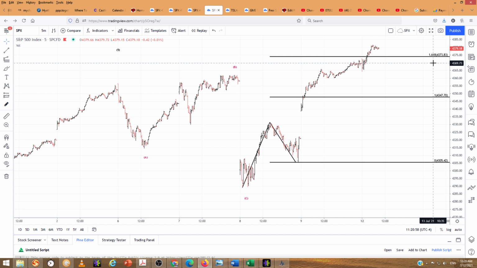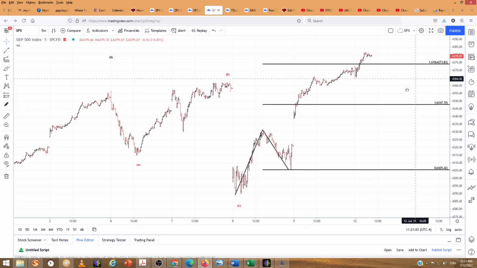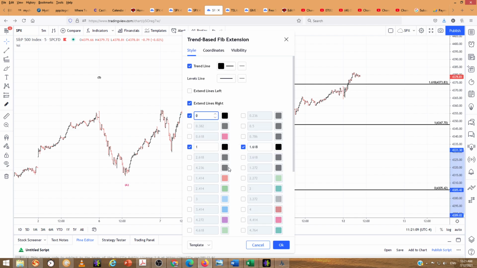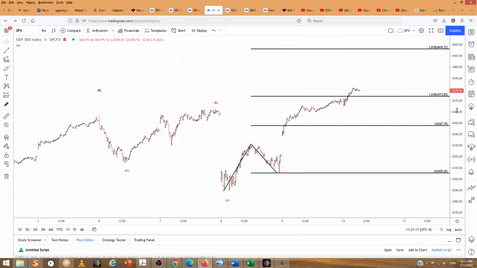It's at 43.79 now. Don't expect it to go too much higher. Let's put in the 2.618 just to see what the next Fibonacci target would be if it would go higher. And that would be significantly higher on a 5-minute chart, all the way up over 4,400. Anyway, that's if it expands even further.